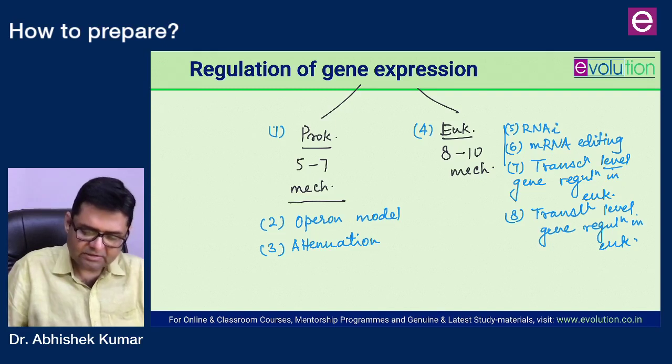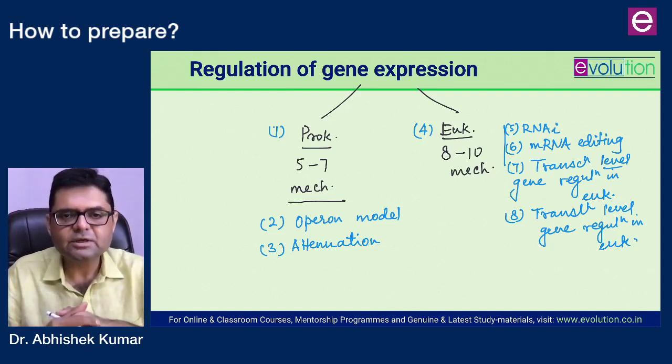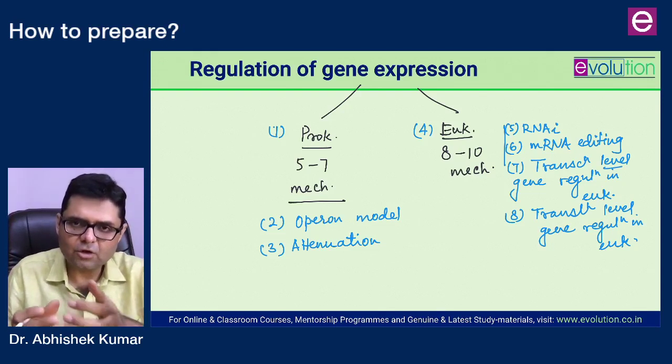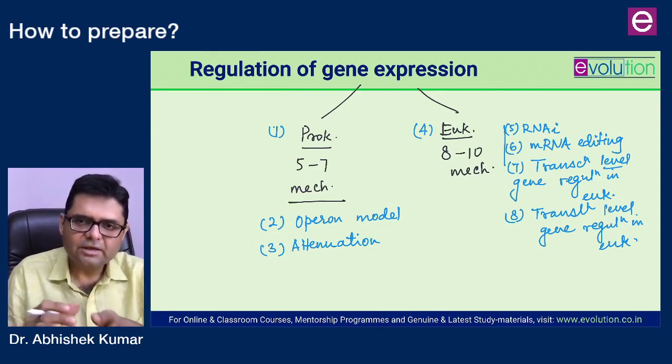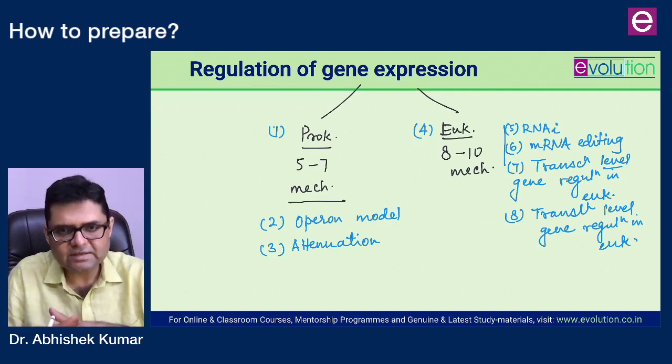There are certain transcription-level gene expression regulation mechanisms which will silence the gene in the long term, like methylation, histone phosphorylation, and other types of histone modification. Then RNA interference, RNAi, is an important mechanism of gene silencing.